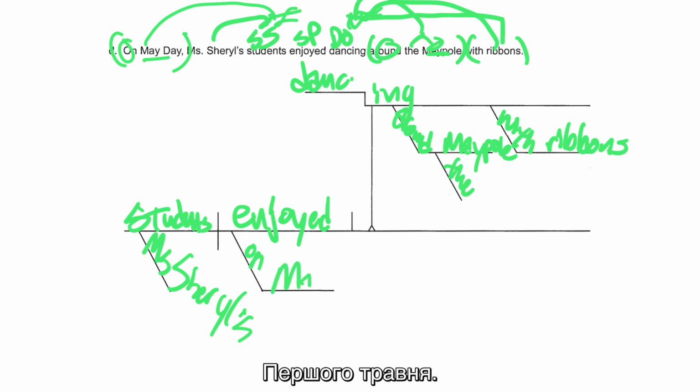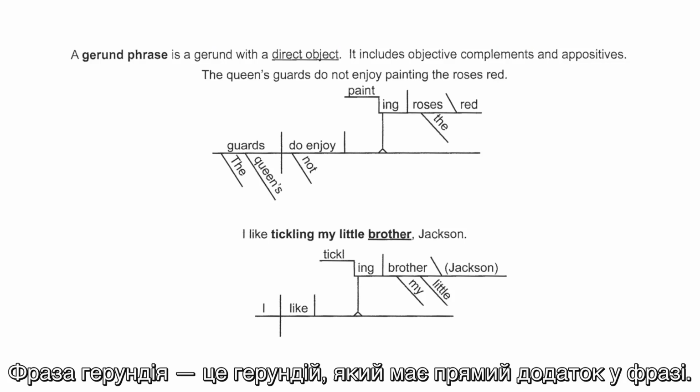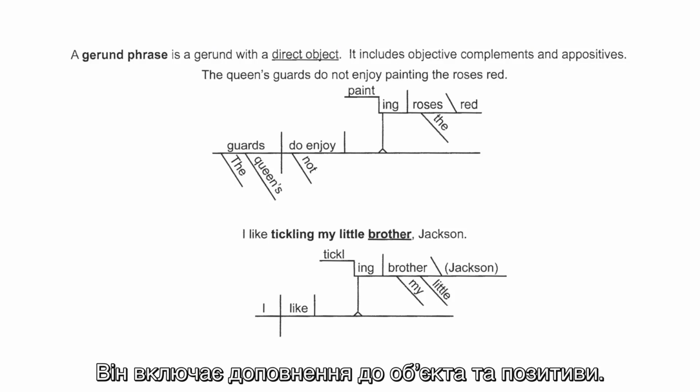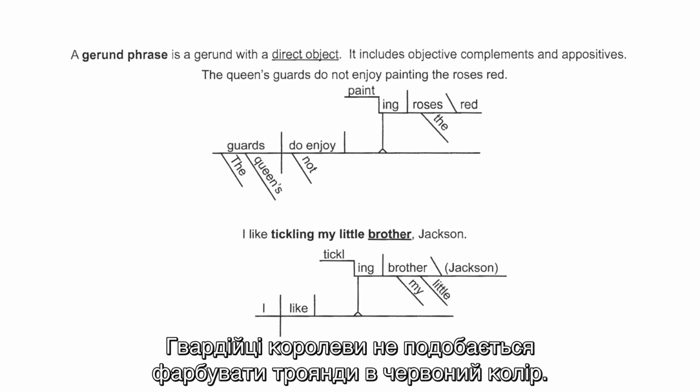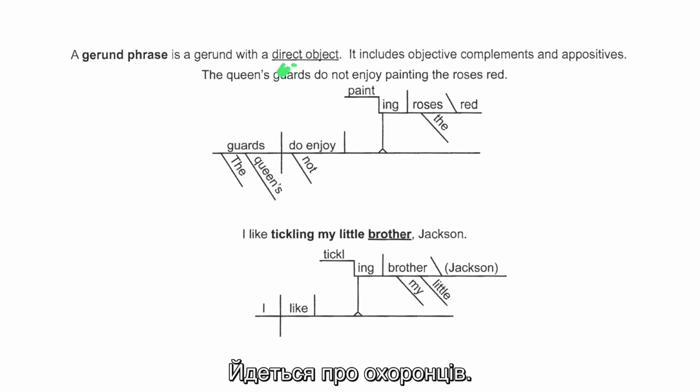On May Day. A gerund phrase is a gerund that has a direct object within the phrase. It includes object complements and appositives. So you can see this sentence right here. The Queen's Guard do not enjoy painting the roses red. It's about guards. What do? They do enjoy, not.